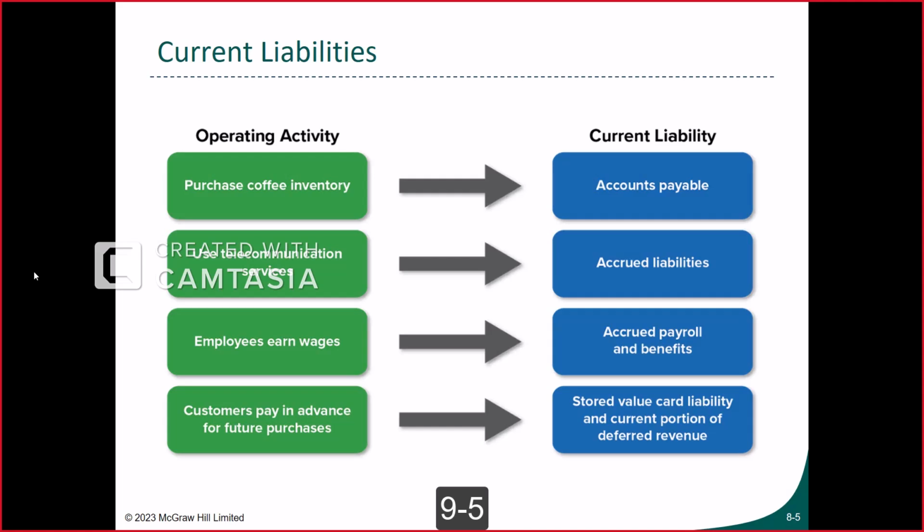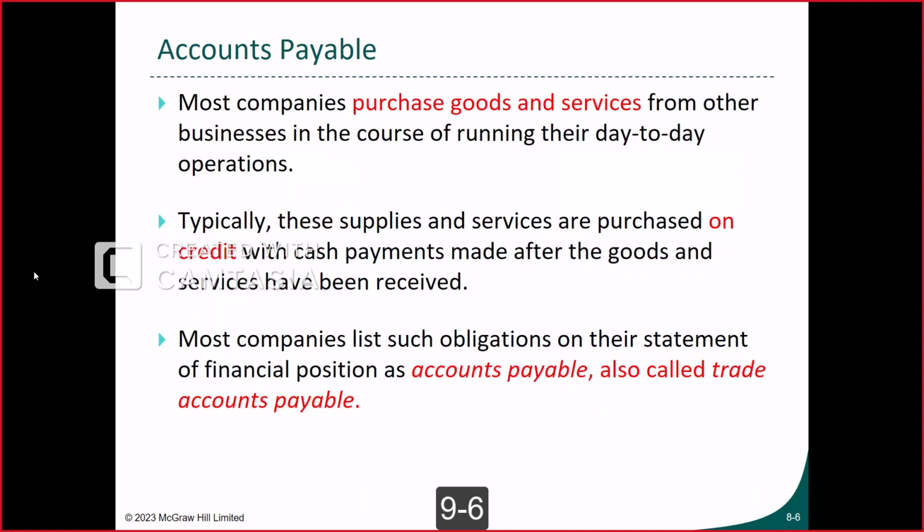That is also a liability, since the company will have to render the service or the good related to those cards. So these are examples of current liabilities. The most famous one is accounts payable, which result from the purchase of goods or services on credit.